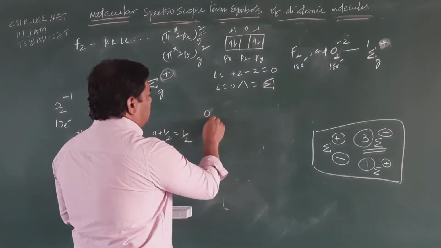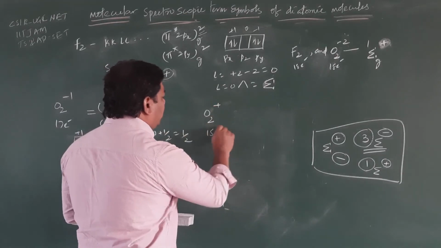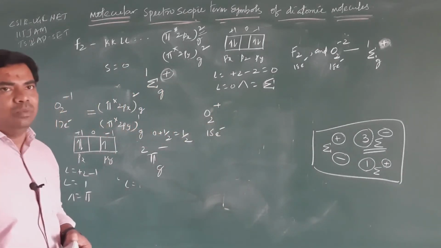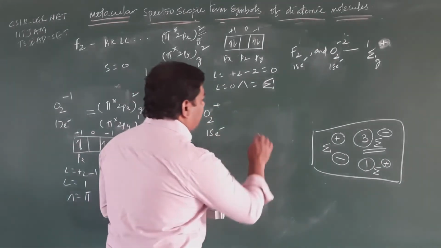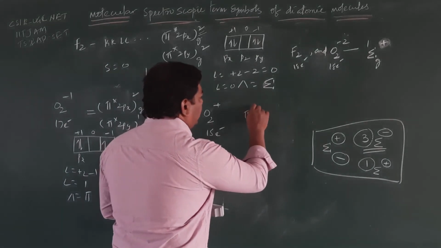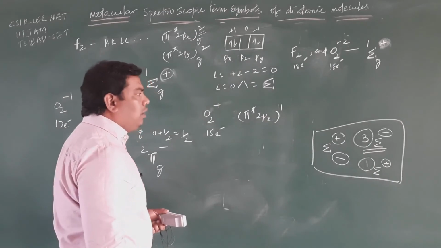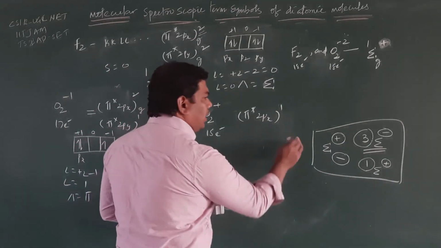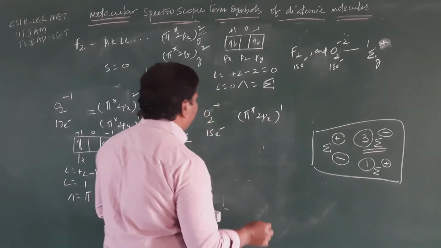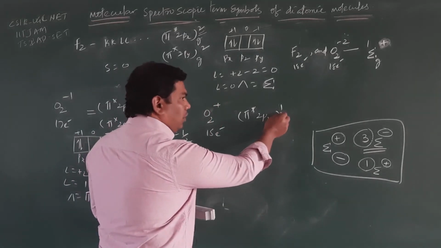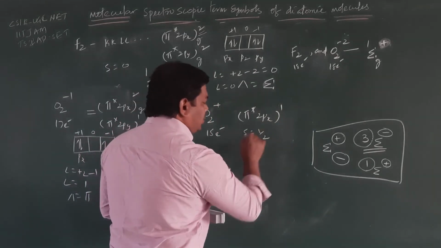So O2 plus, student, is nothing but a 15 electron system only. I will write only the outer electronic configuration, that is pi star 2px 1 only. So there is no electron in pi star 2py. Here you can see only one electron, so S is equal to half.